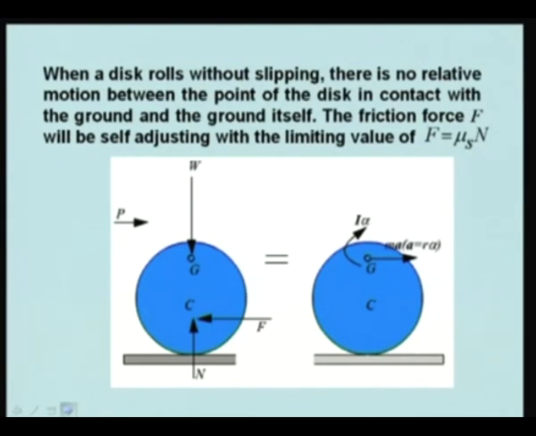So we can make the kinetic diagram because the body is in plane motion. Let us consider this case. Here this is the plane surface and the cylinder is rolling. This is the contact point C. From this you have a normal reaction N, and then a weight W. This is G, the mass center.